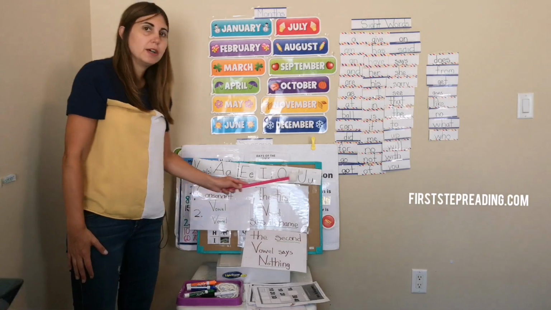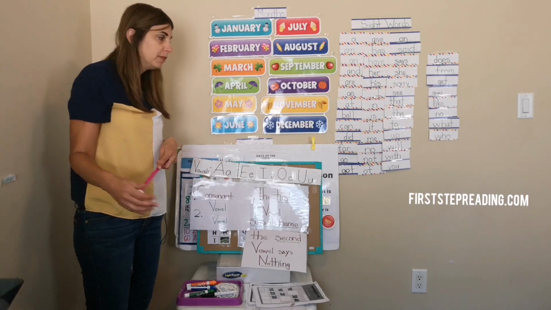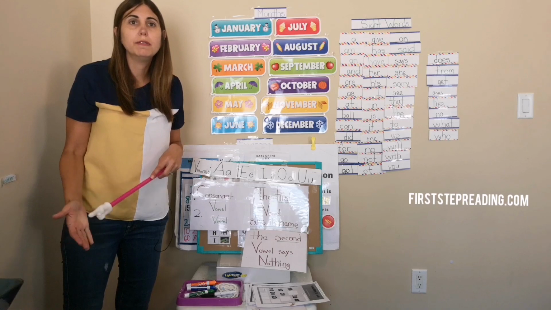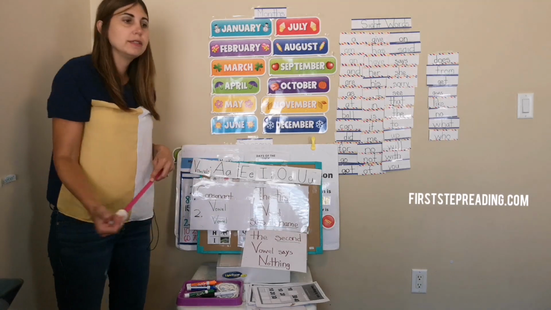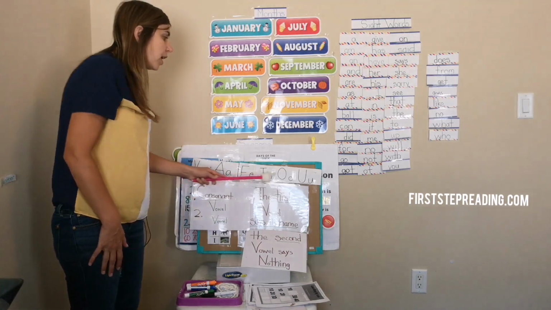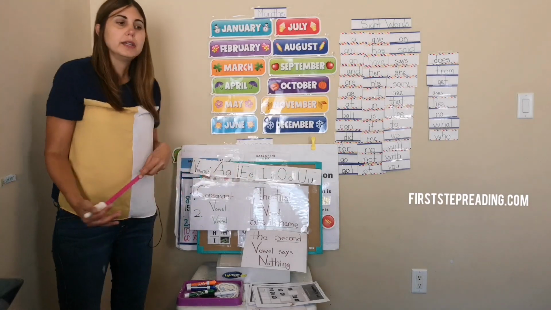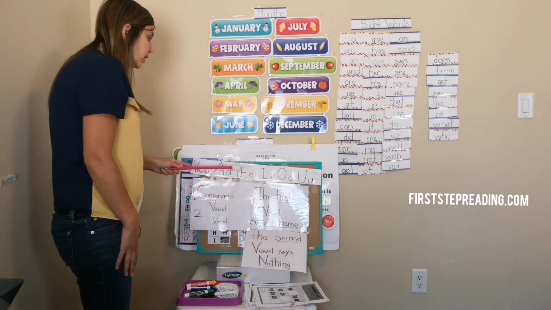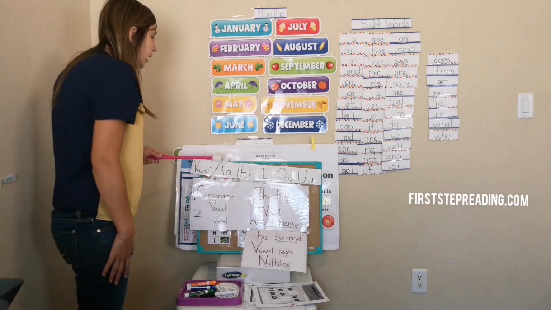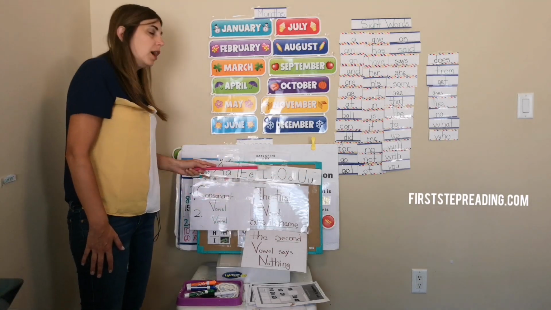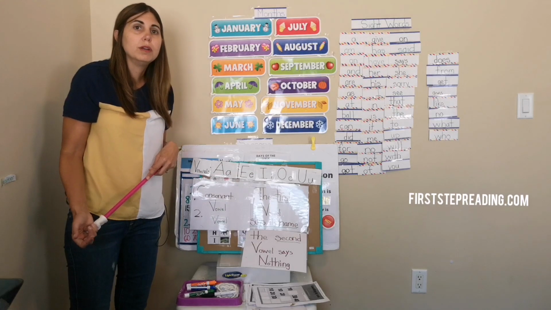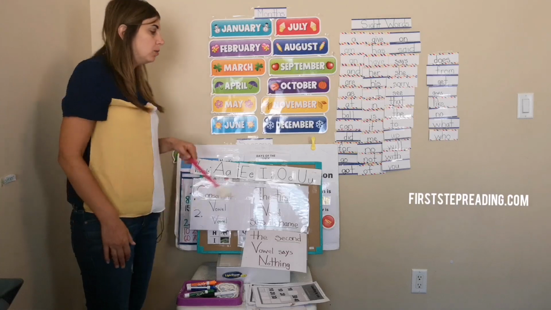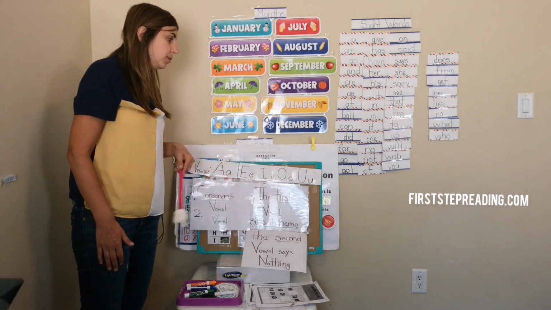Let's first sing our vowel song to remember which letters are our vowels. A is a vowel, a vowel, a vowel. A is a vowel, A-E-I-O-U. E is a vowel, a vowel, a vowel. E is a vowel, A-E-I-O-U. I is a vowel, a vowel, a vowel. I is a vowel, A-E-I-O-U.